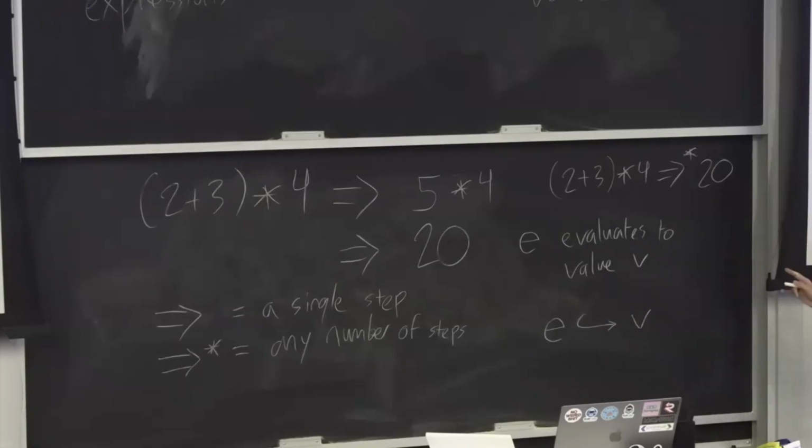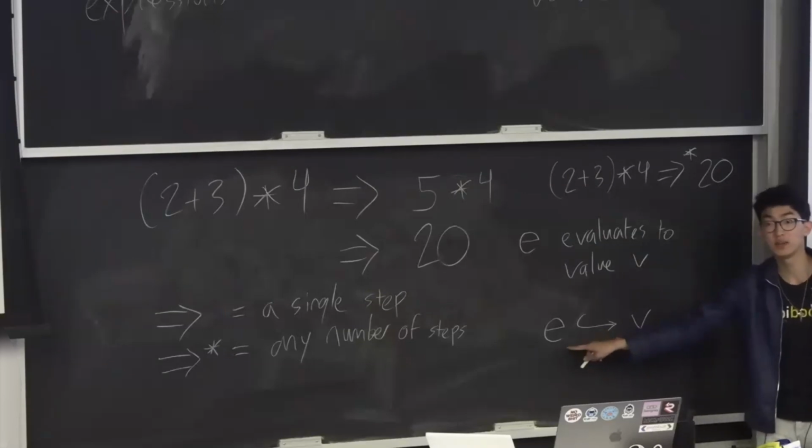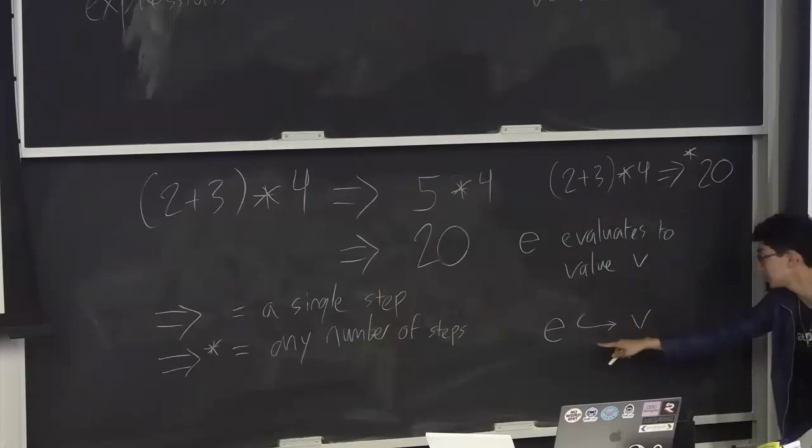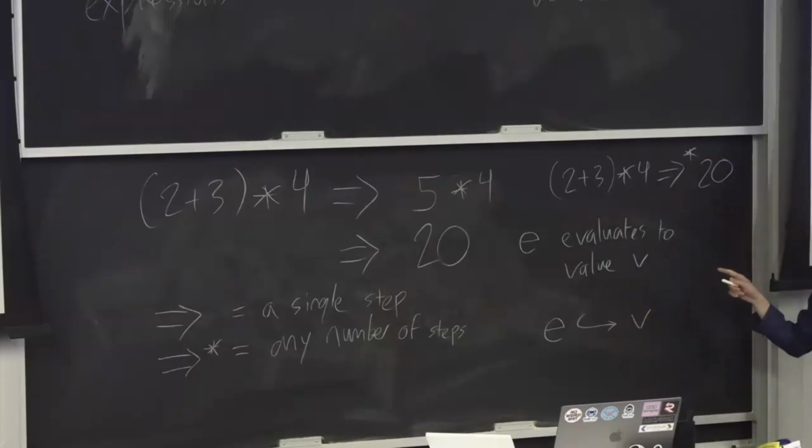This is all notation, because we're going to be thinking mathematically about our code, which means we need mathematical notation to deal with our code. So this code E, this expression like 2 plus 2 or 2 plus 3 quantity times 4, evaluates to the value V.